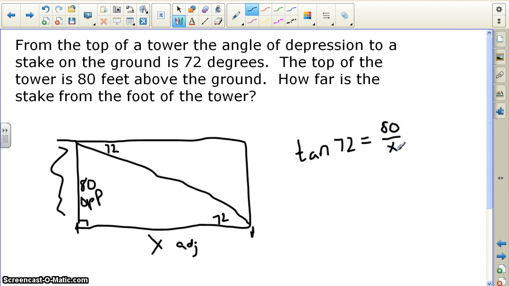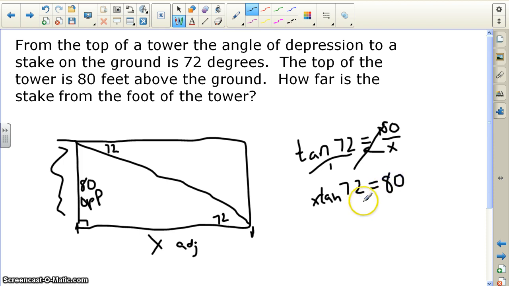Again, on this one I've got a variable in the denominator, so I'm going to make this a proportion and put that over 1. Now I'm just going to cross multiply. So that's x times tangent of 72 degrees equals 80.